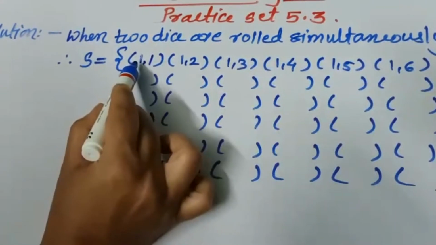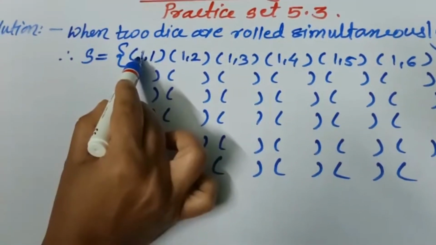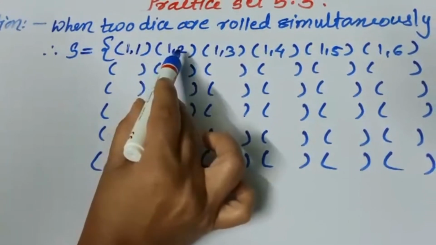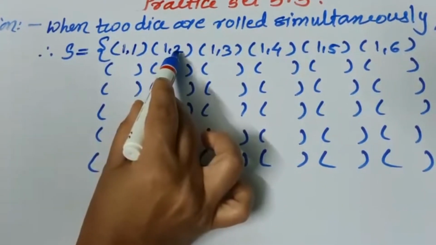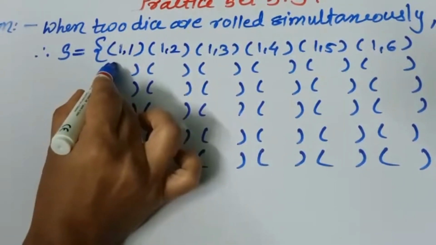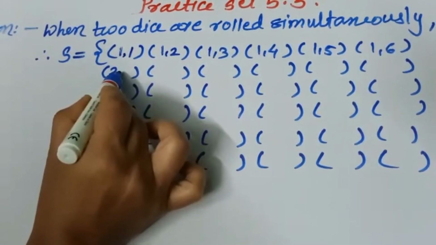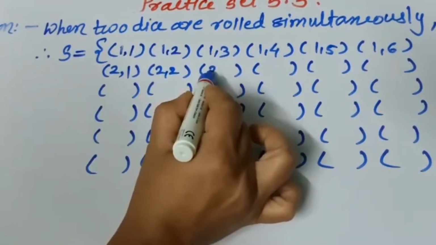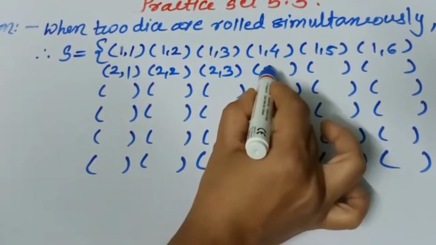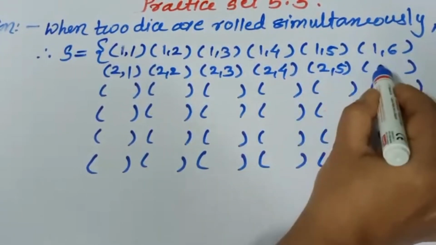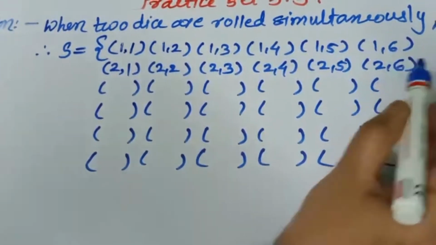Means 1 dot on the first die and 1 dot on the second die. Then second possibility, 1 dot on the first die and 2 dots on the second die. Likewise in the next line we are taking first 2 dots. So 2 1, 2 2, 2 3, 2 4, 2 5 and the last one is 2 6.